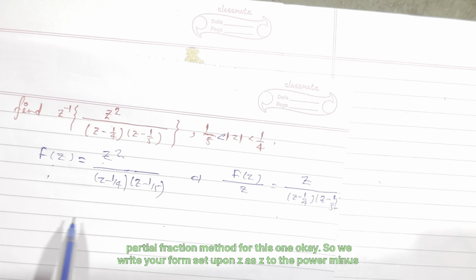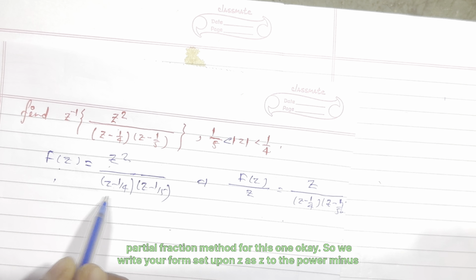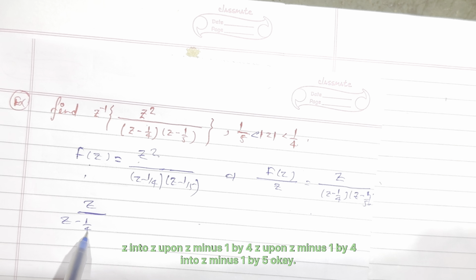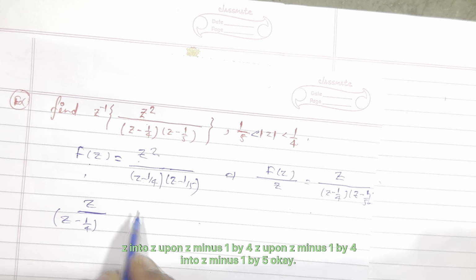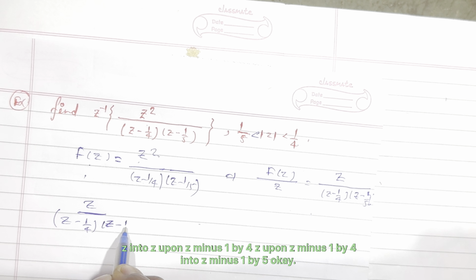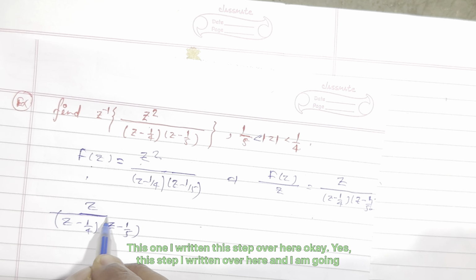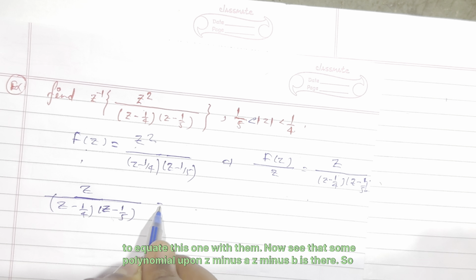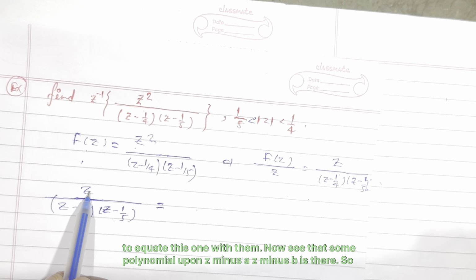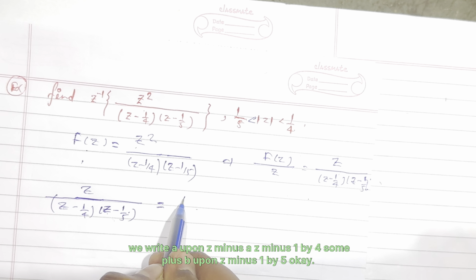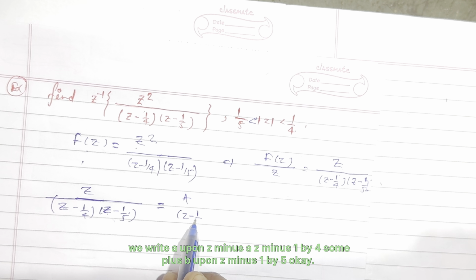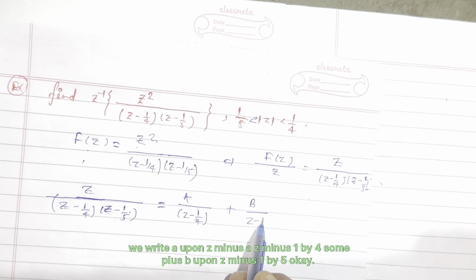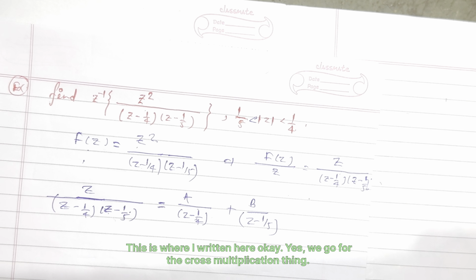We write f of Z upon Z as Z upon (Z minus 1 by 4)(Z minus 1 by 5), and equate it with A upon Z minus 1 by 4 plus B upon Z minus 1 by 5.